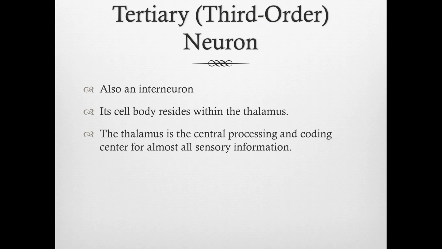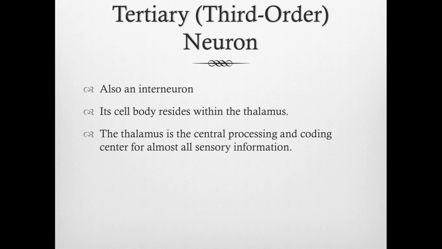That tertiary or third order neuron, this is also an interneuron, because from here, it's going to be translated into motor response. Once we've passed through this tertiary neuron and it's gone from this point up into the actual cerebrum. So the tertiary neuron, its cell body resides within the thalamus.